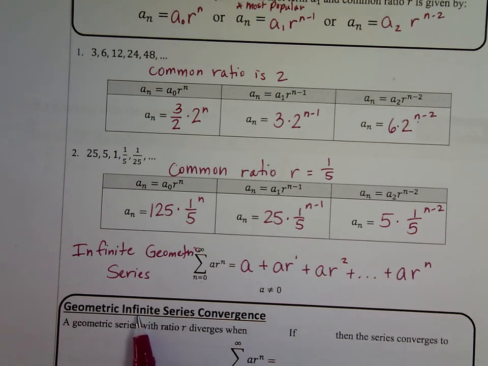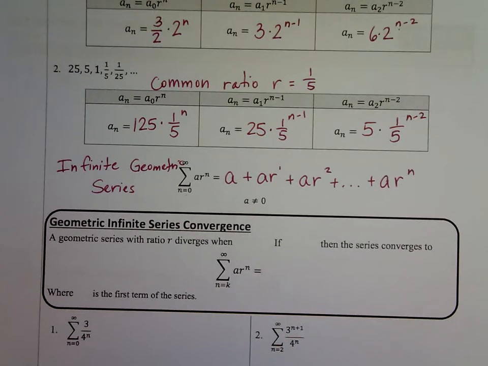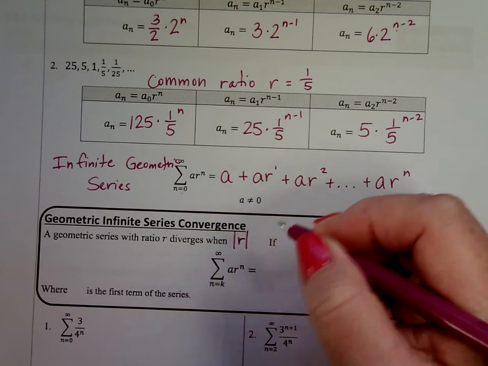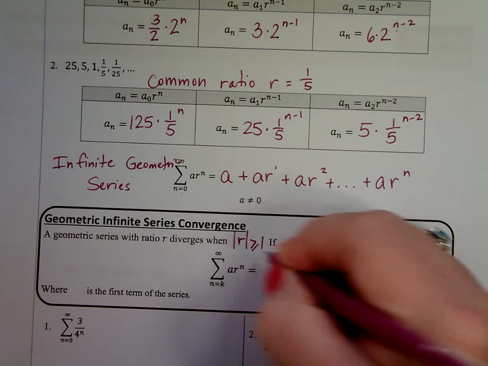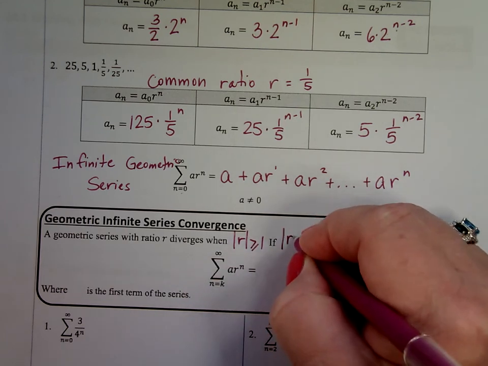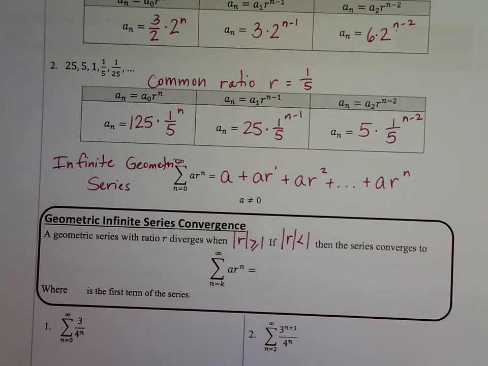So geometric infinite series converge, the whole concept again of convergence. A geometric series with a ratio of r diverges when the absolute value of r is greater than 1 or equal to 1. But if the absolute value of r is less than 1, not equal to, then the series converges. So here's your formula.